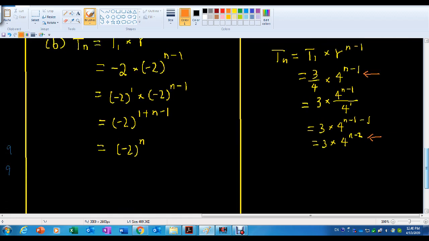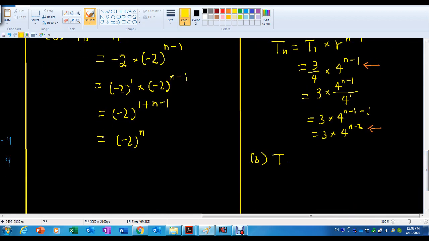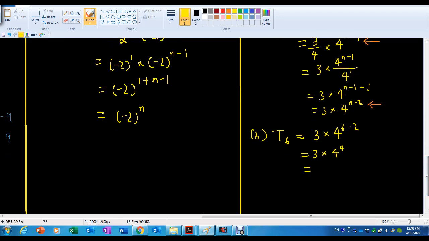For B, you are going to find T6, the sixth term. That means you just put that 6 into the explicit rule. That's why we need that rule. So if you put in 6, that's 3 times 4 to the power 4. What's 4 to the power 4?